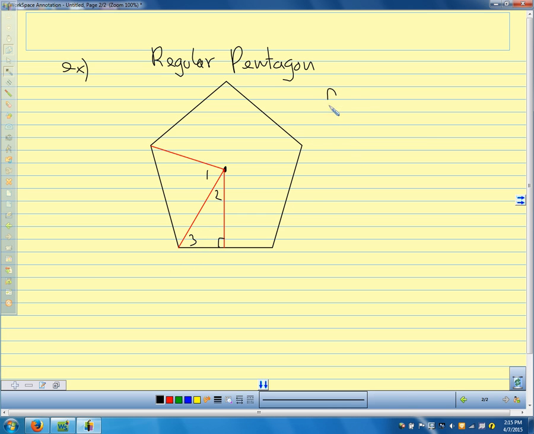And we want to find, for this problem, the measure of angle 1, the measure of angle 2, and the measure of angle 3. Well, what's going to be the easiest to find here? What is angle 1? What kind of angle? Angle 1 is a central angle.